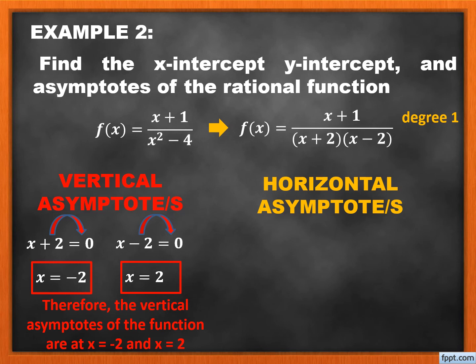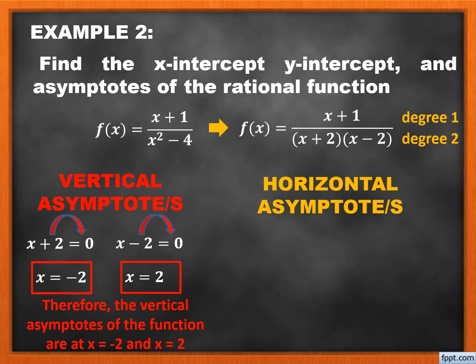Our denominator is x plus 2 times x minus 2, or pwede nyo ding gamitin yung nasa original function na denominator, which is x squared minus 4. So since ang pinakamataas niyang exponent is square or 2, therefore the degree is 2.